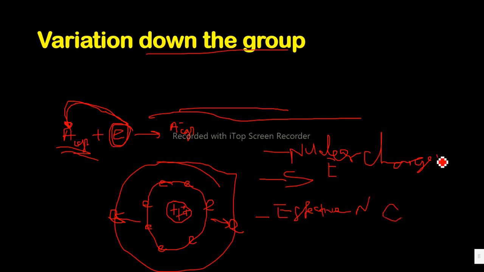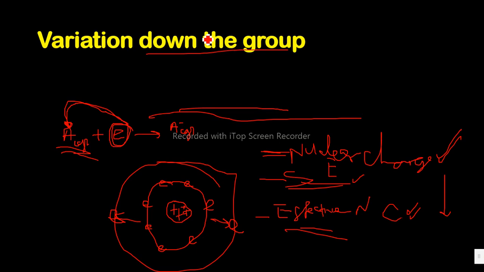If the nuclear charge is higher than the screening effect, then the effective nuclear charge increases. Alternatively, if the screening effect is higher than the nuclear charge, then the effective nuclear charge decreases. And if the effective nuclear charge decreases, then the nuclear attraction for the outermost electron decreases.